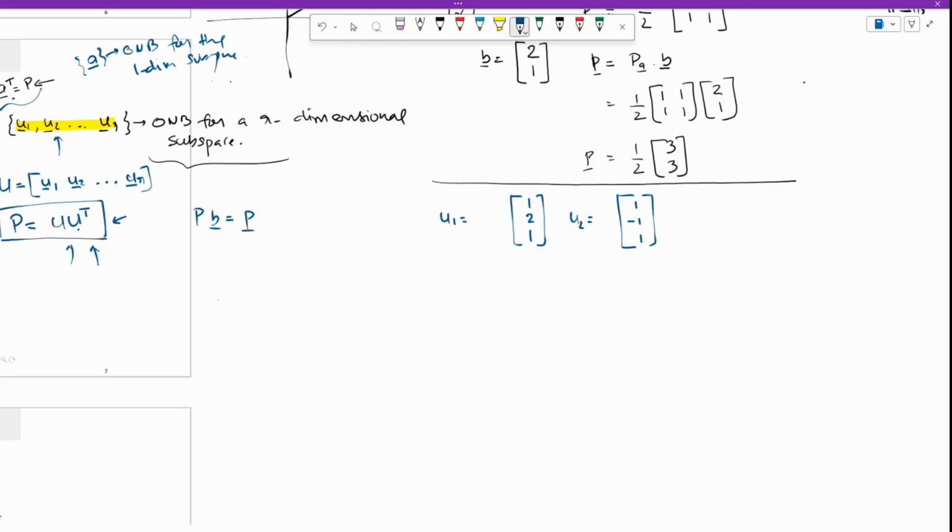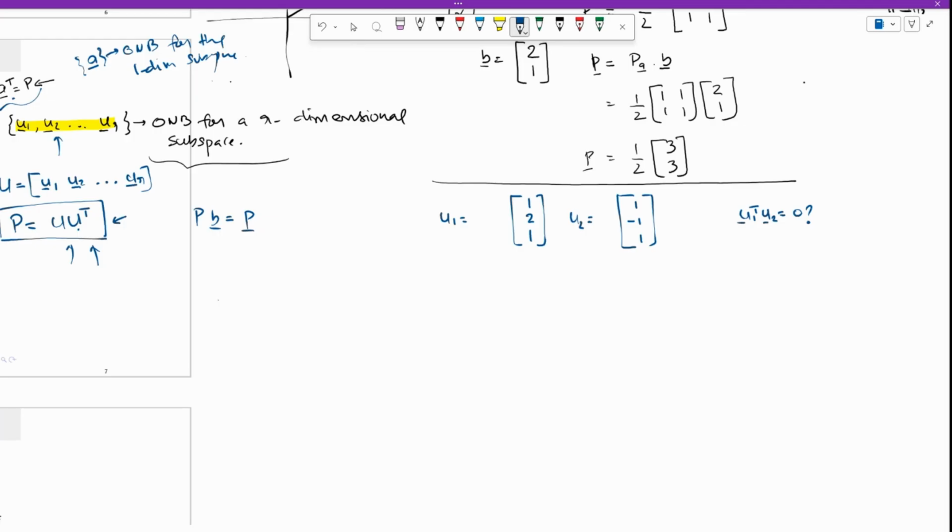Are the two vectors orthogonal? I'm essentially asking, is U1 transpose U2 zero? Yeah, they're orthogonal.